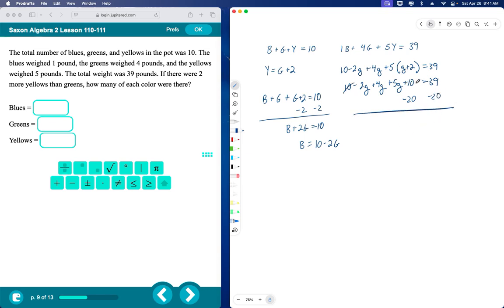So that cancels this one and this one. 2 plus 4 is 6 plus 5, that's 11. 11 times G is equal to 19. G is equal to 19 over 11, I guess.